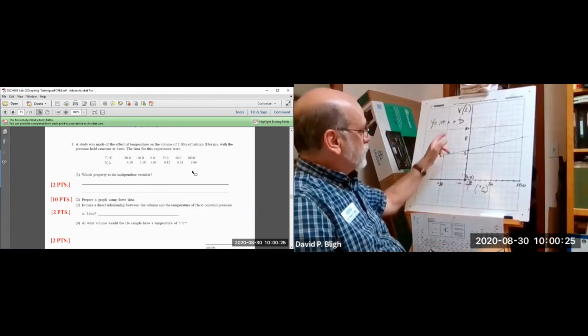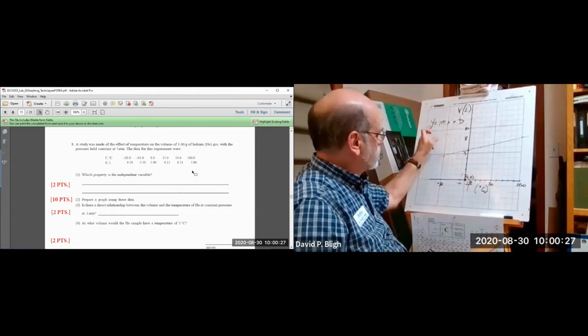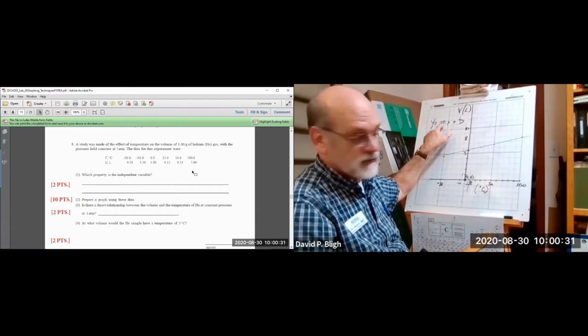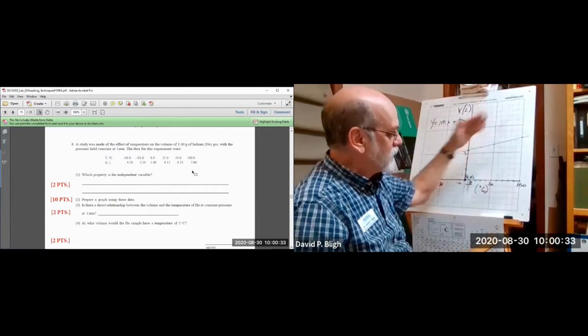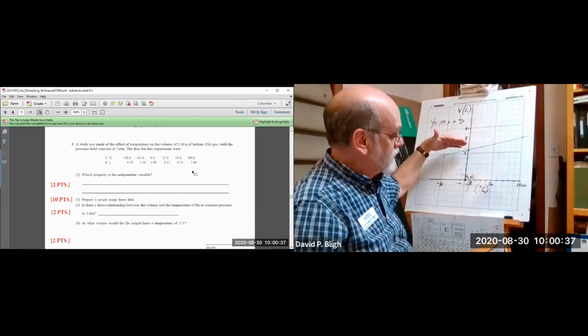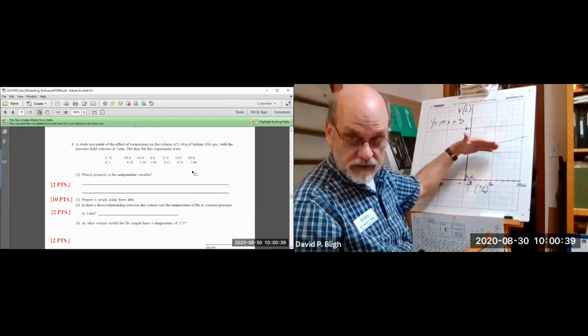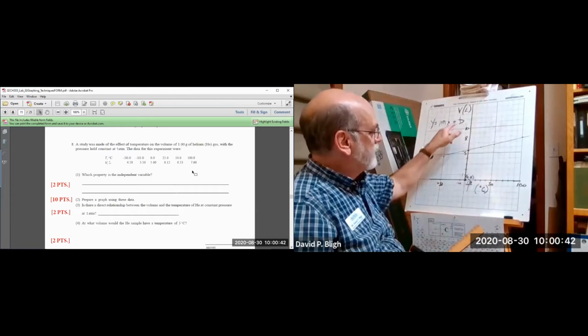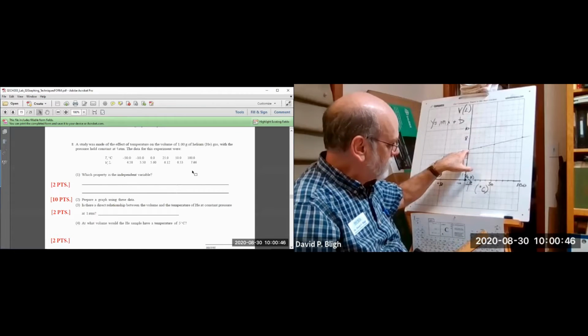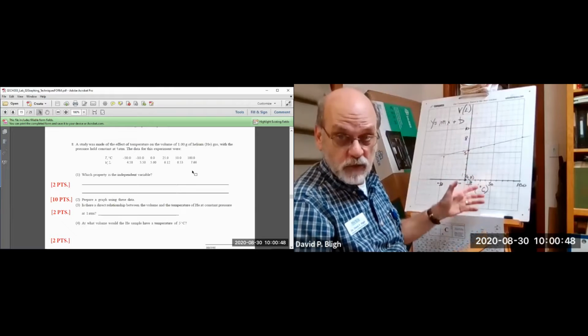Right? So this is your x variable. This is your y variable. This is the slope of the line. It's rise divided by run. How high does it go this way for every unit this way? And this is the y-intercept. So it's that point right there. That's what b would be.